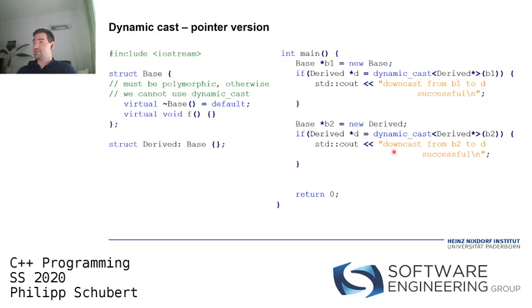And this cast here would actually succeed because the dynamic cast looks up what the actual allocated type of that pointer is. b2, of course, is a base pointer, but the value that it points to is of allocated type derived. So this cast succeeds, and you can make that base pointer b2 into a derived pointer d.